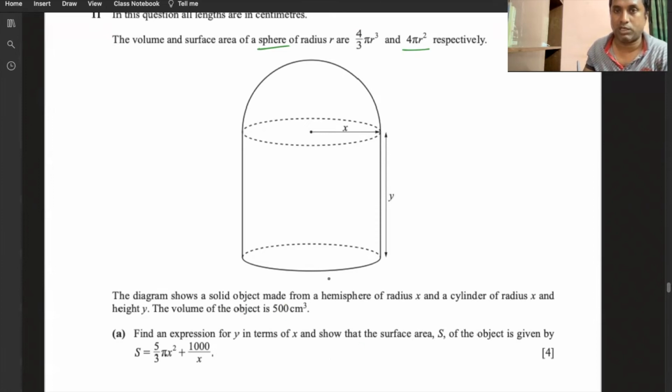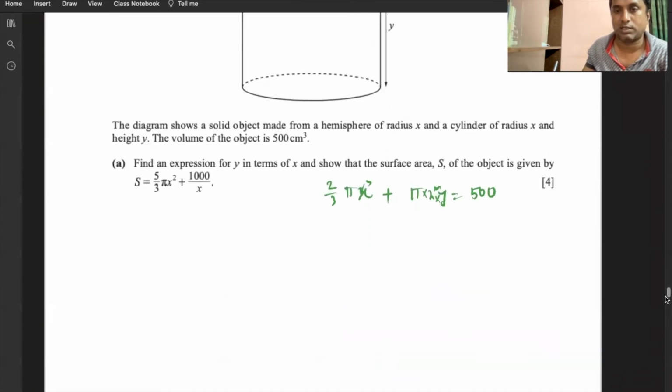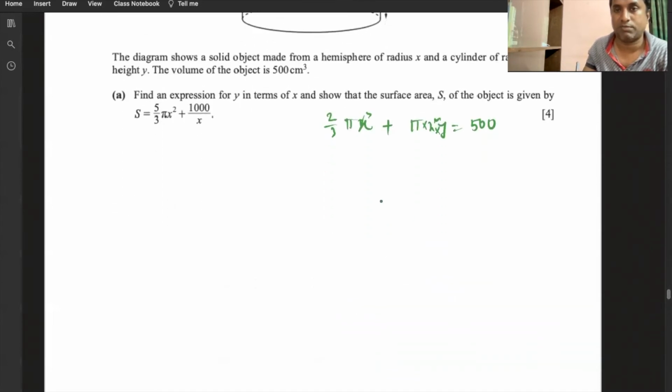So volume here is 2 by 3 pi r cube, I mean x cube, plus pi x square y equals 500. Now let me simplify this to find y.